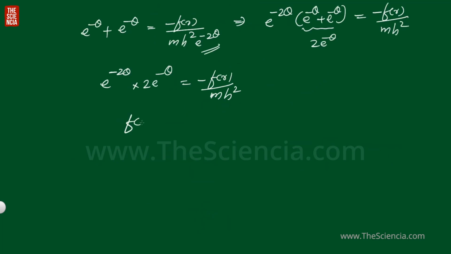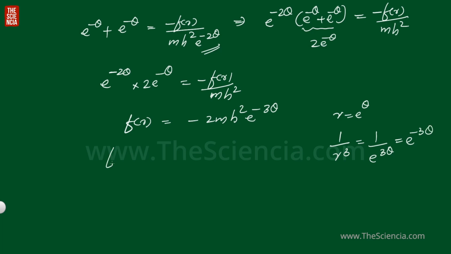Therefore, the force law, that is f of r, equal to minus 2m h square e raised to minus 3 theta, where we know r equal to e raised to theta. So 1 by r cube is equal to 1 by e raised to 3 theta or e raised to minus 3 theta.